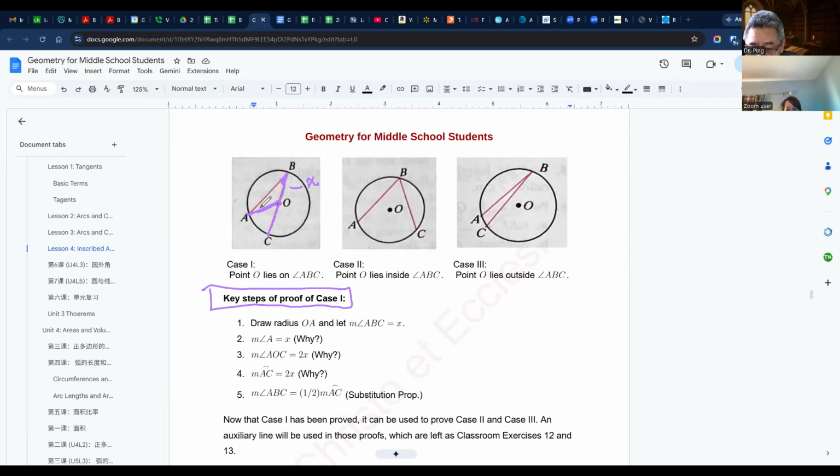One thing we know is that this angle is also going to have the same measure as this angle. So the measure of angle A is also equal to X. Now, why are those two angles congruent?